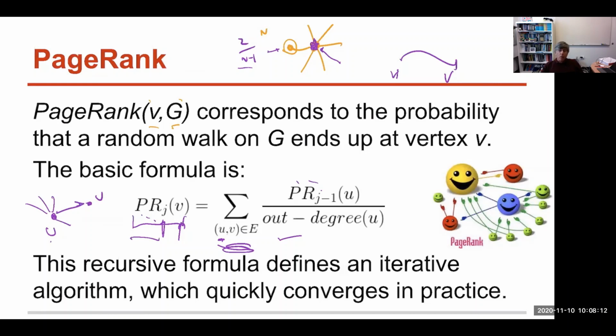And in general, after relatively few iterations, this will converge, and the PageRank at time j is going to be roughly the same as at j plus 1, j plus 2, and so on. Any questions about that?